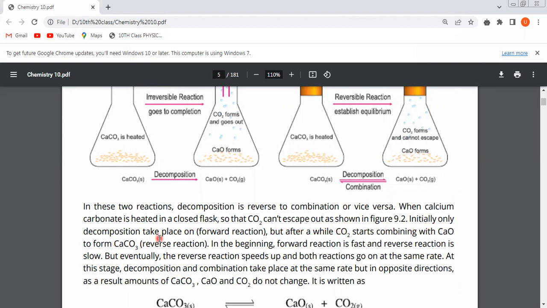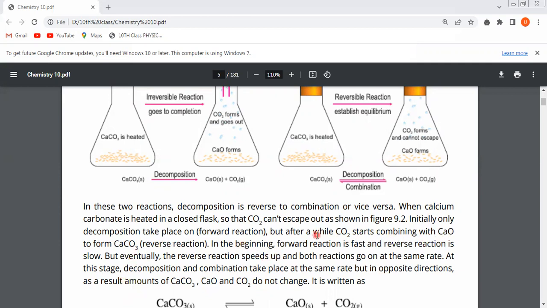Initially, only decomposition takes place, but after a while CO2 starts combining with CaO to form CaCO3.